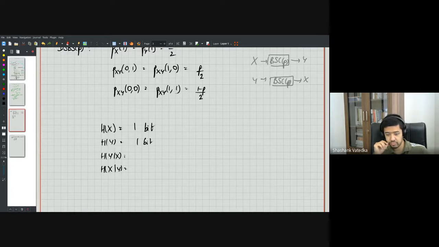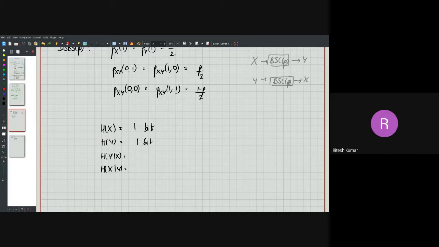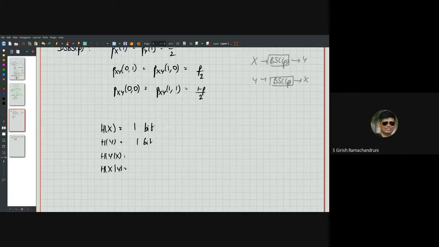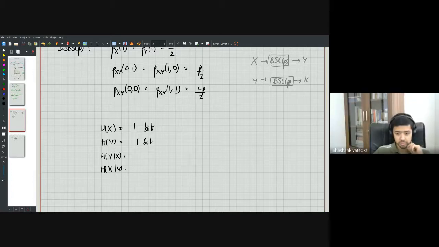P log P. We're going to calculate, is it like P of X? H(Y|X)? One minus p log p? You're saying H(Y|X) is 1 minus p log 1 minus p?